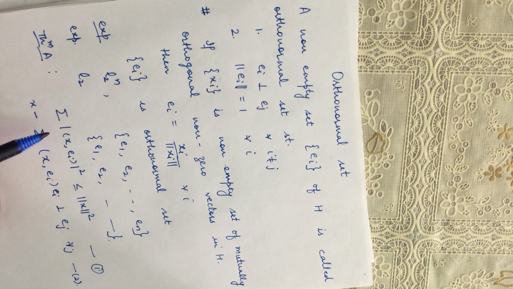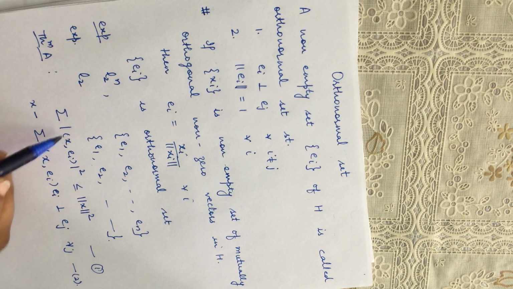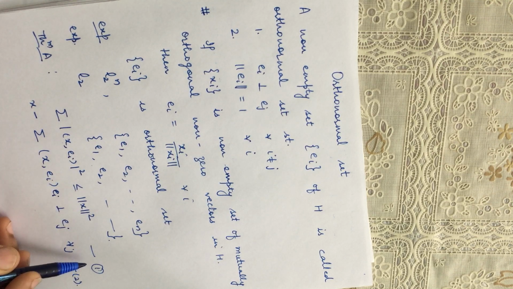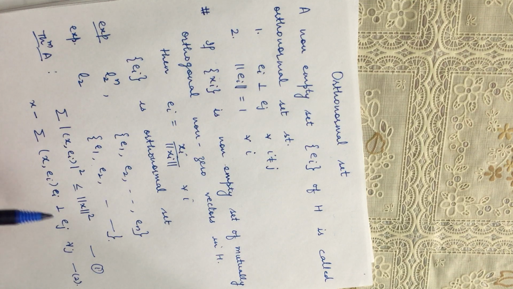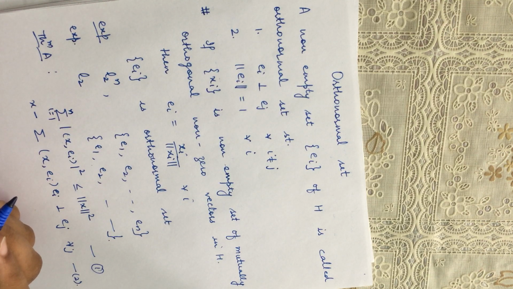So this result says that the sum of squares of components of a vector in various perpendicular directions, because all these e_i's are perpendicular to each other, is always less than or equal to the square of the length of the vector itself. And this inequality 1 is called Bessel's inequality for the finite case, because here the summation is a finite summation. Here i varies from 1 to n.